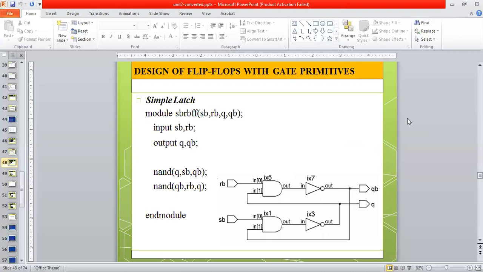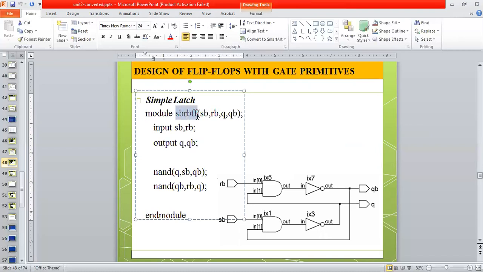Okay, friends, here I would like to explain how to develop a simple latch by using Verilog HDL. Here I am considering the SR latch.